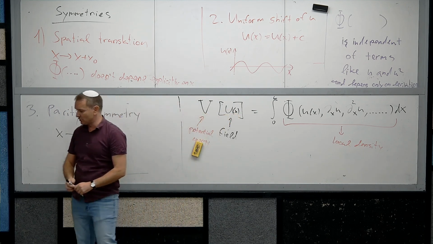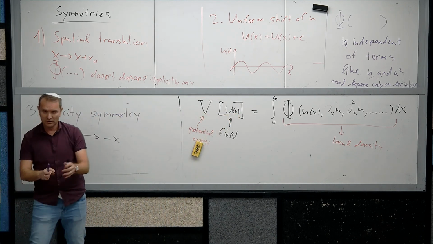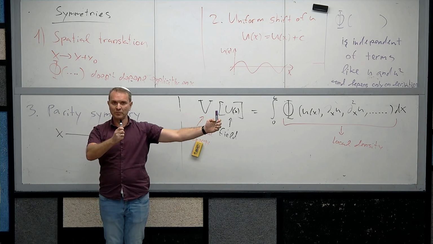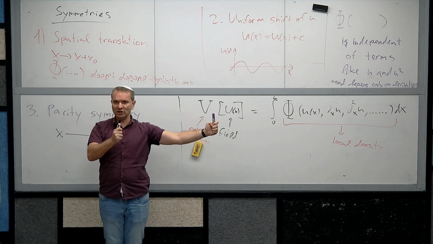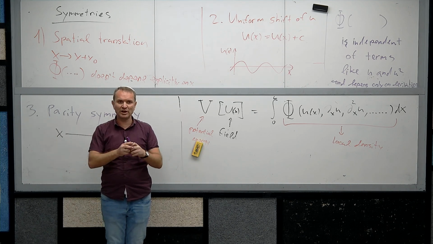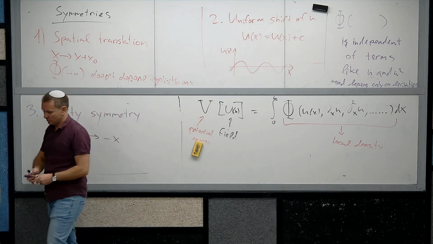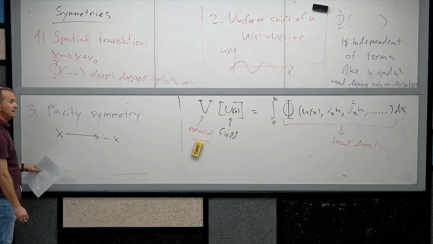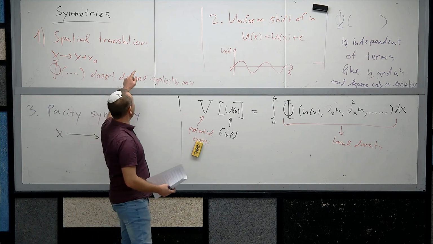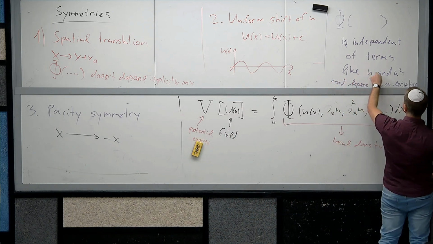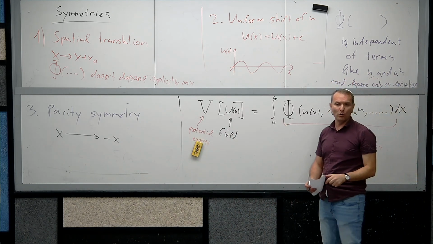So if this is 0, this is 1, and then I will say this is 0, and here is 1. The potential energy shouldn't change again, right? I don't care if x goes in this direction or x goes in that direction. So when I have this parity, I already know there are no explicit x's, there are no explicit u's and u squares and u to the 3rd, so I only have derivatives.